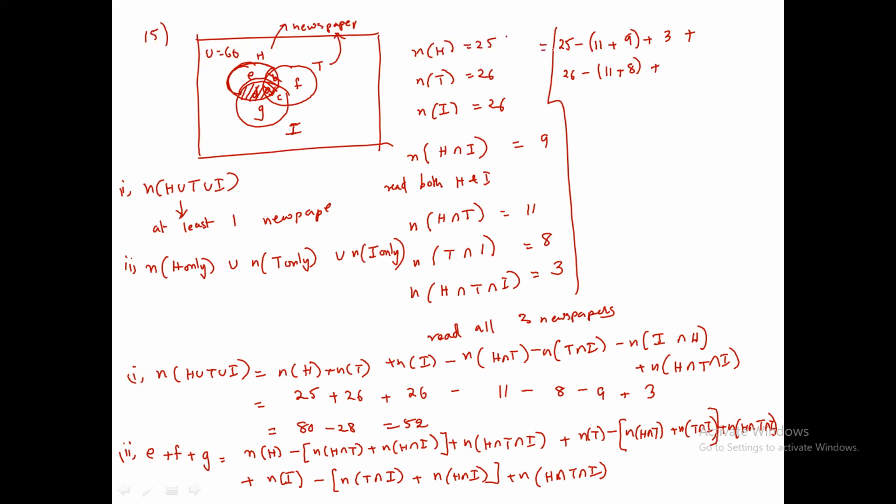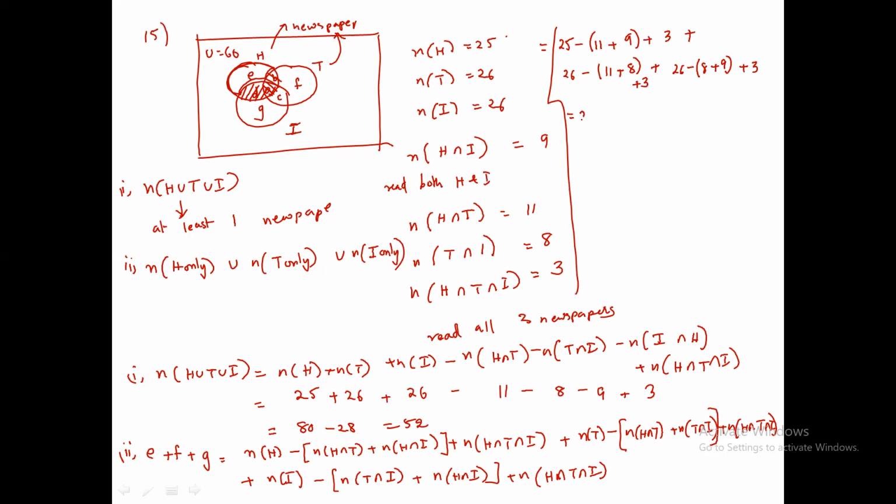Plus the third one, N of I is 26. From this you will subtract N of T intersection I, which is 8, N of H intersection I, which is 9, and then you are adding N of H intersection T intersection I. Here I forgot to add 3.